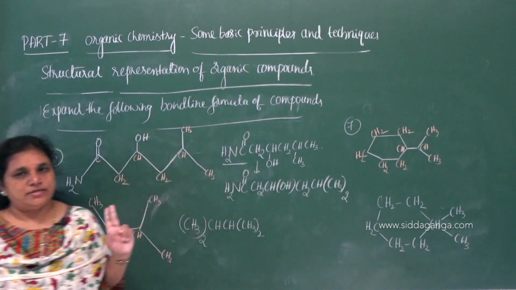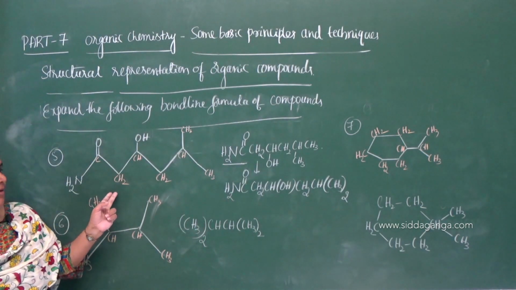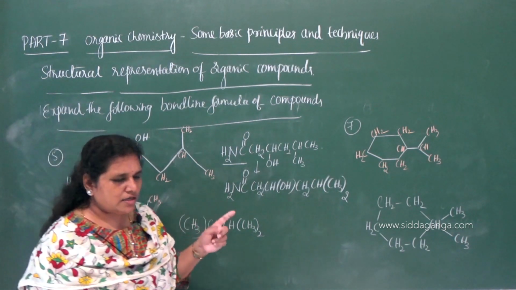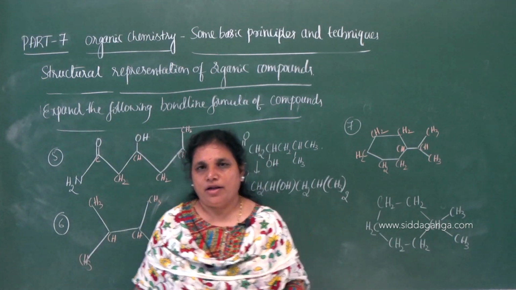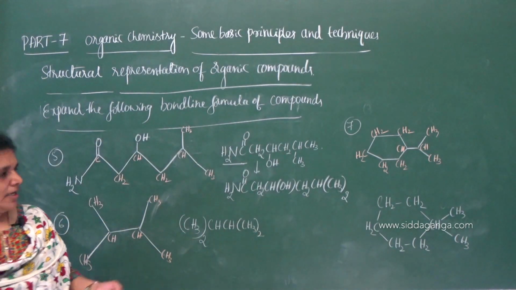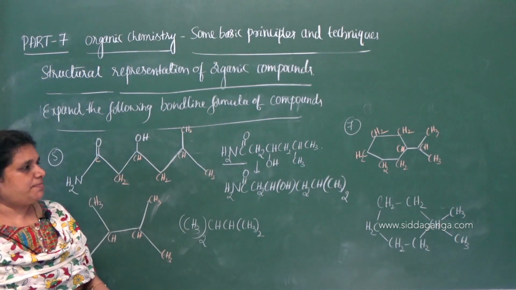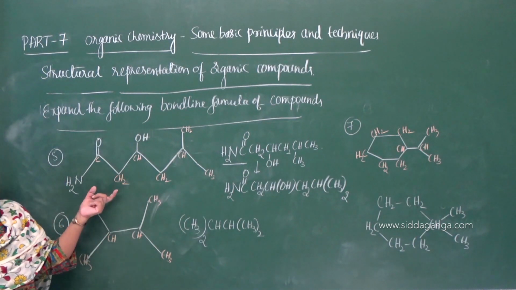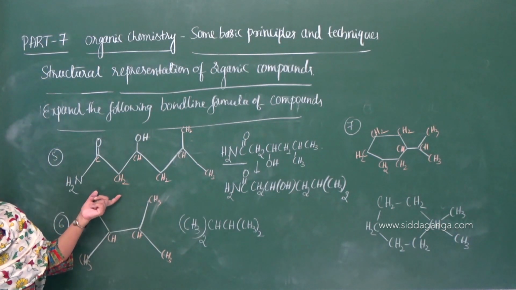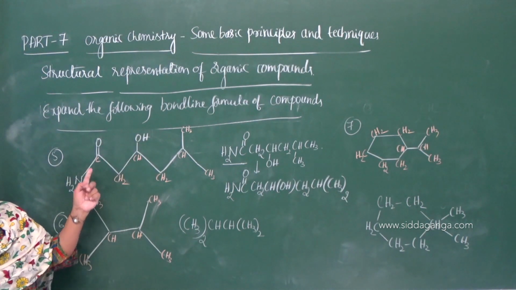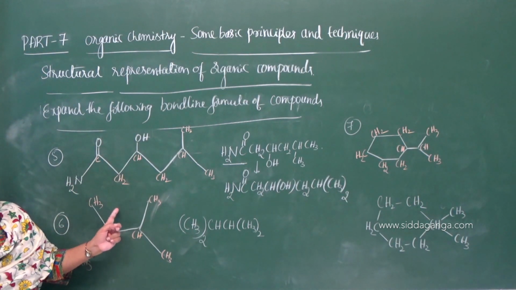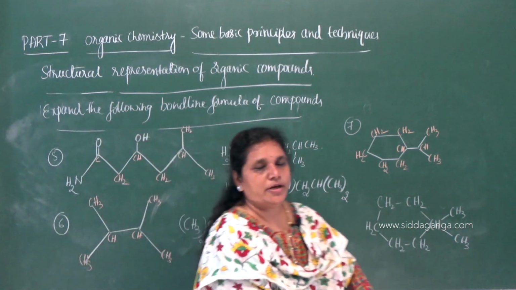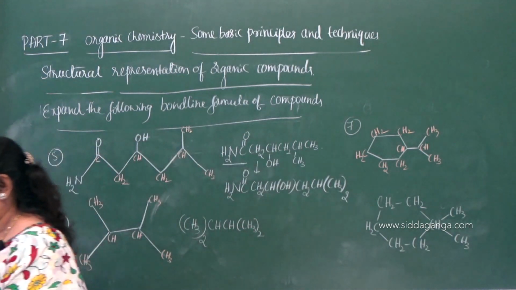Intersection of any 2 lines indicates 1 carbon and the appropriate number of hydrogen atoms to satisfy the tetravalency of each carbon atom present in the molecule. Once the bond line formula is given, you can write the respective formula for the compound, and any other atoms present in the compound can be shown in the formula. Double and triple bonds can be shown by putting a double dash and a triple dash. This is about the bond line formula representation of organic compounds.